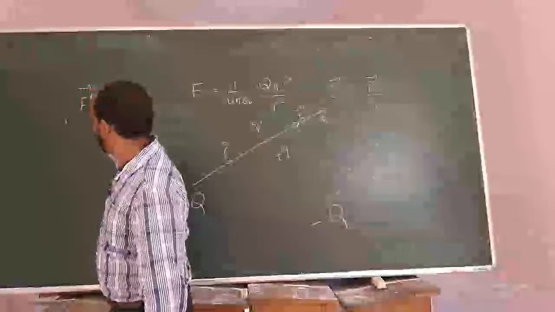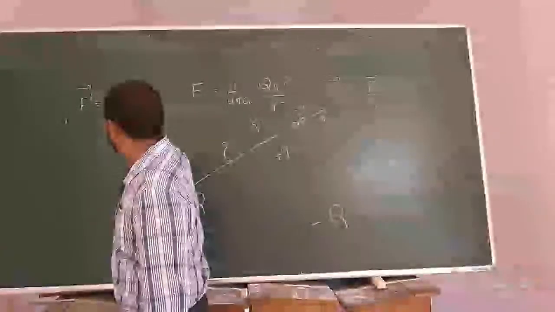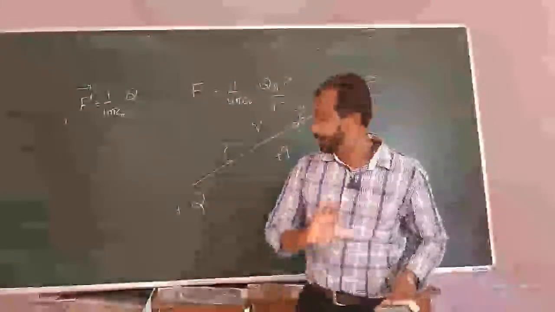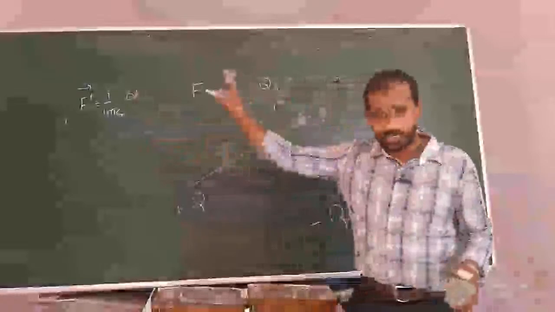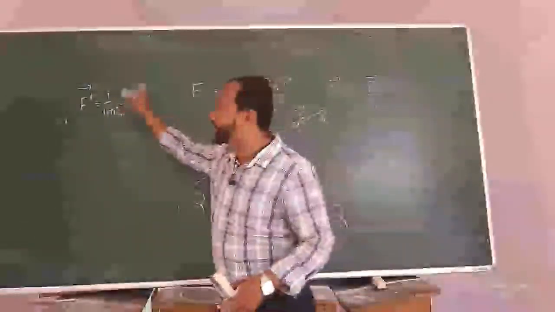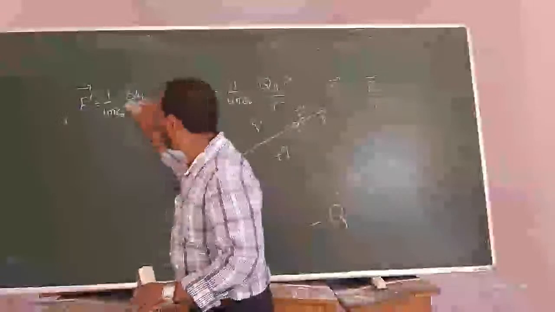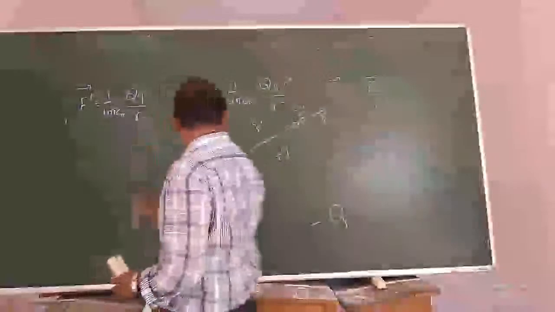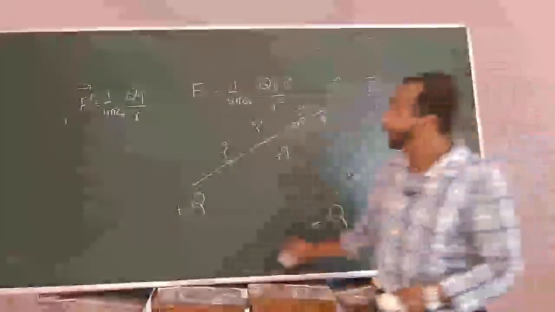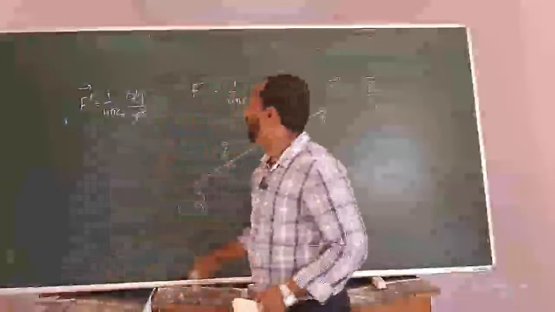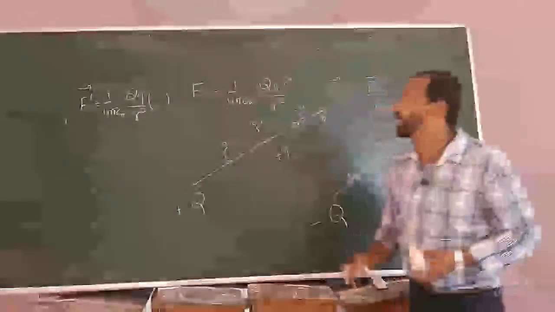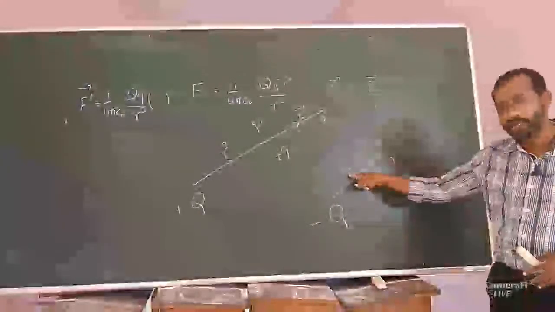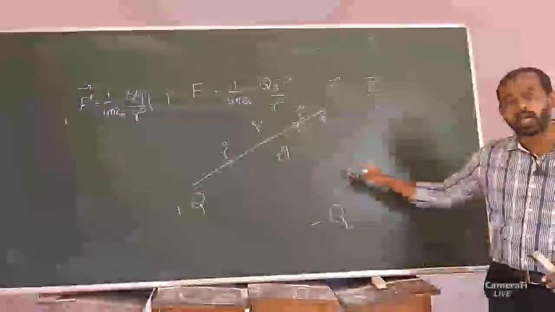F dash vector is equal to 1 by 4 pi epsilon naught, capital Q. Now, the polarity of the negative charge is immaterial, you should place the magnitude only, into the magnitude of the test charge q, divided by the square of the distance of separation, which is again represented as r. It will be r square, into the unit vector representing the direction of F dash, which is opposite to R.